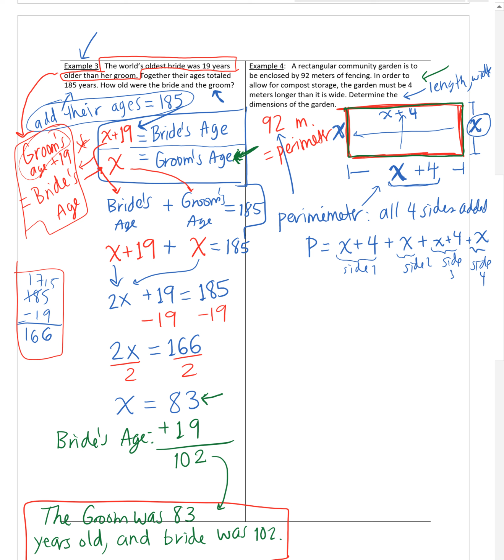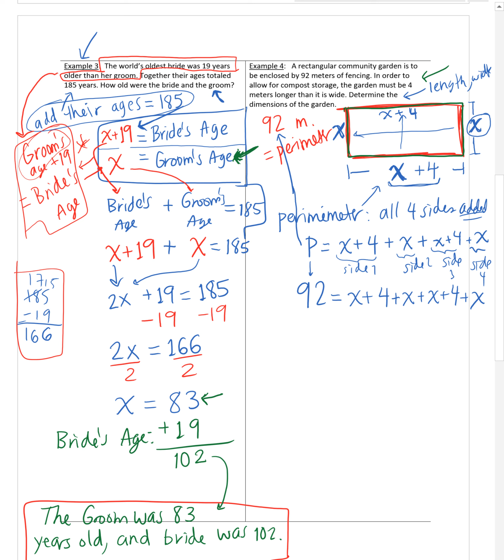And perimeter again means you add them all together. We don't quite have an equation yet because I see a bunch of x's, but I don't want to see P. But I can replace P because I know the perimeter is 92. So 92 is the perimeter, and that must be equal to all this on the right side: x plus 4, which was the first side, x, the second side, x plus 4, the third side, and then x, the last side.